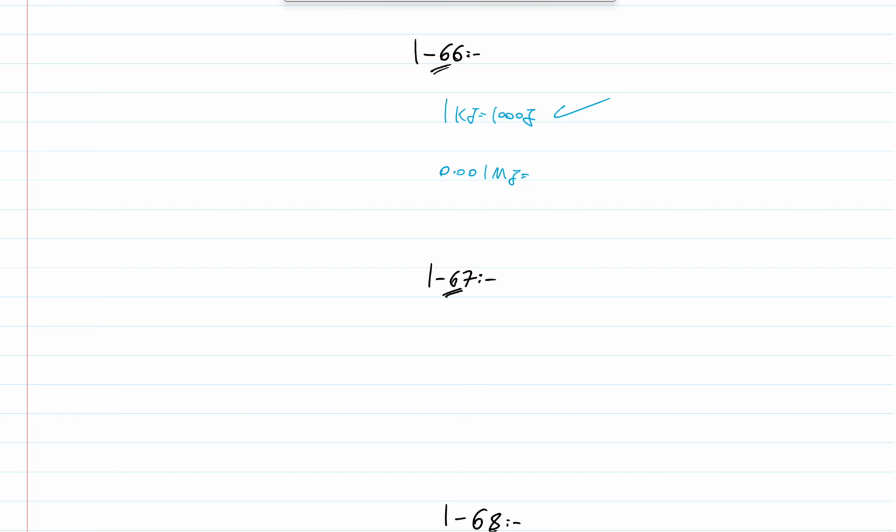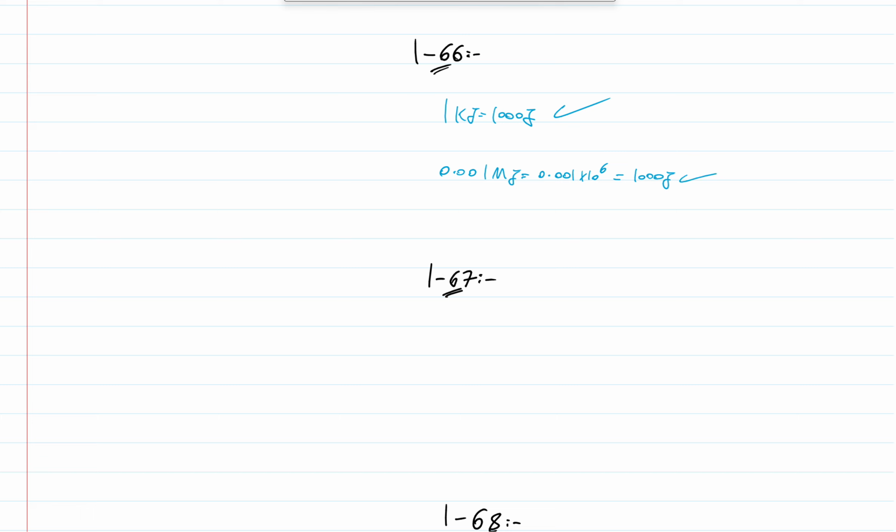So let's just do that really quick. 0.001 times 10 to the power of 6 is going to give us the value of 1,000 joules. So that's valid.